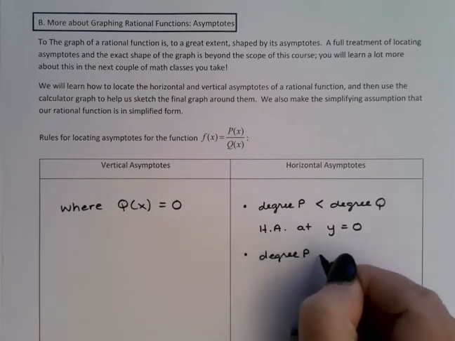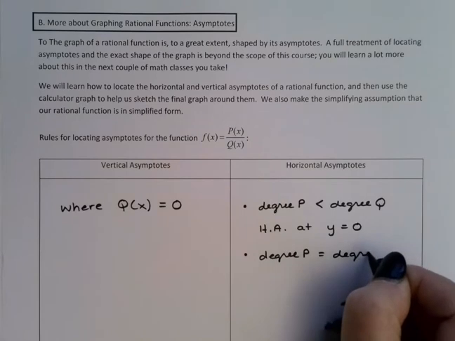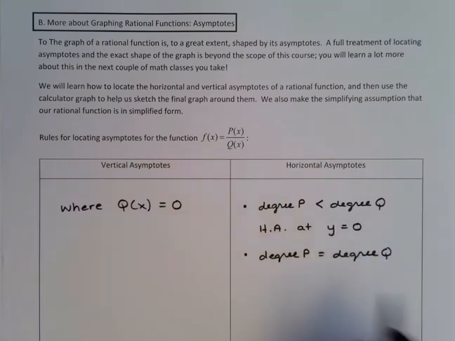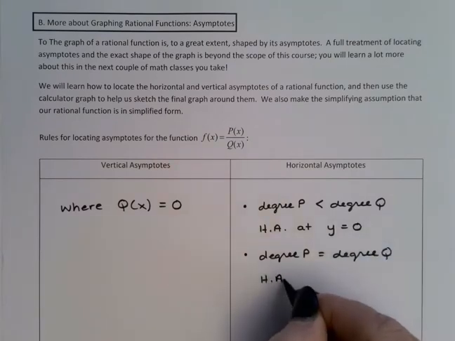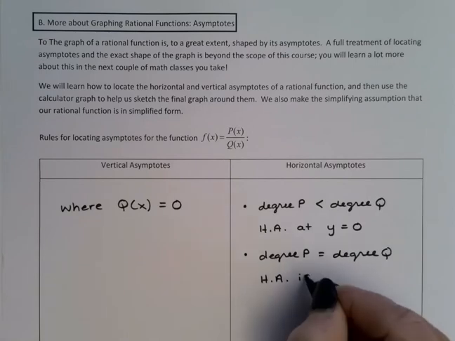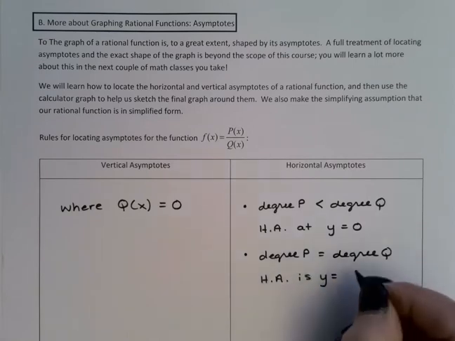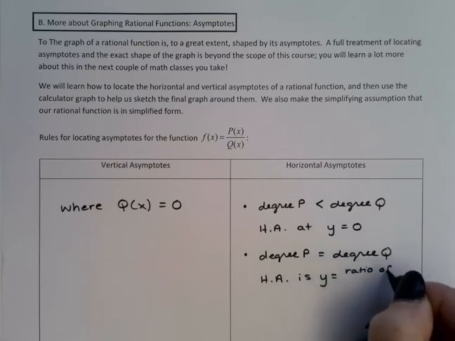If the degree of p is equal to the degree of q, then your horizontal asymptote is at y equals the ratio of the leading coefficients.